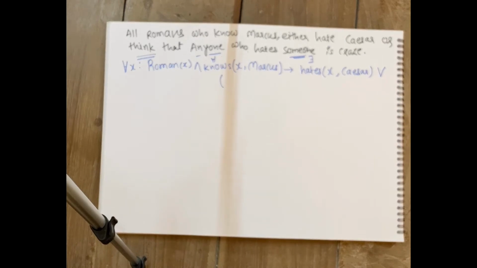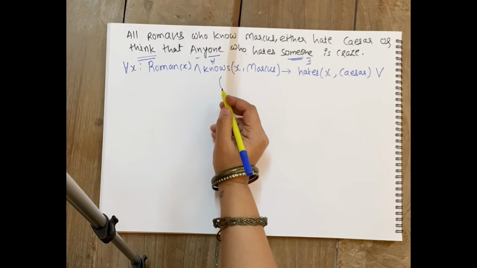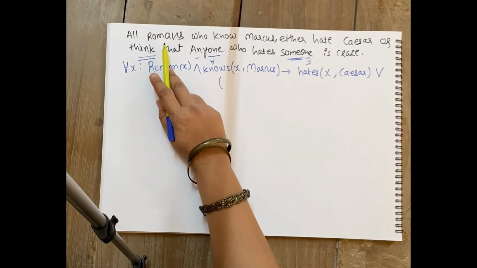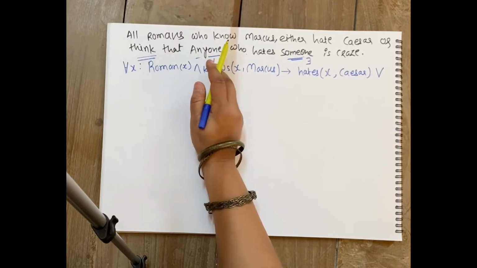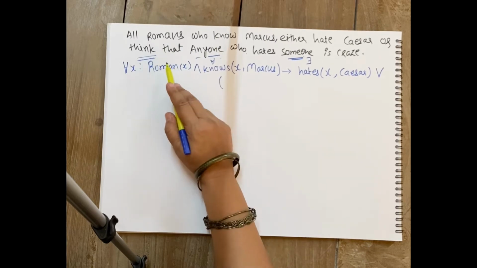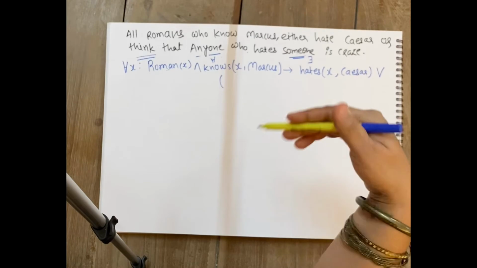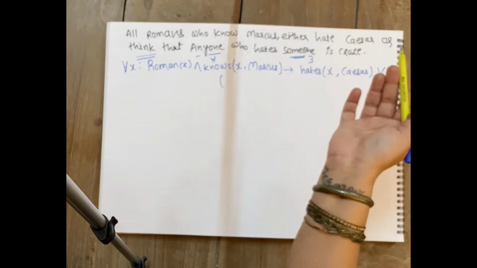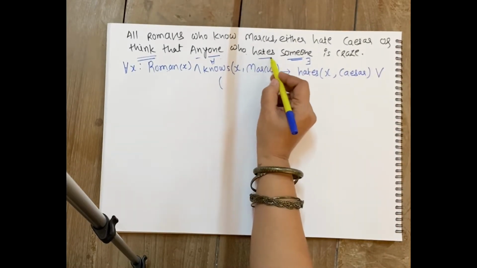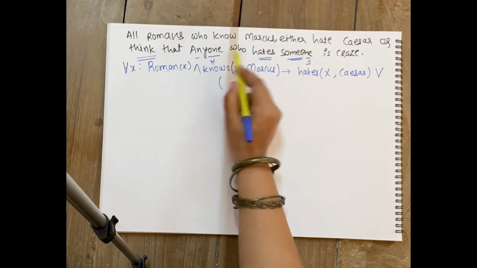So how are we going to process this? X is thinking that Y is crazy. X, who is Roman, is thinking that whoever is hating is crazy, right? So here for hates we are using anyone and someone.